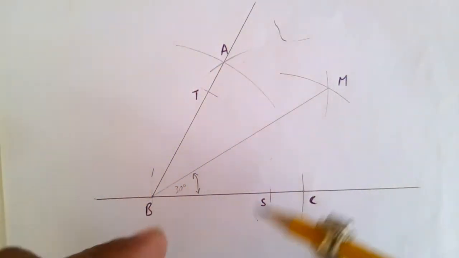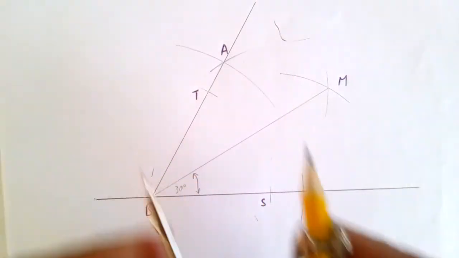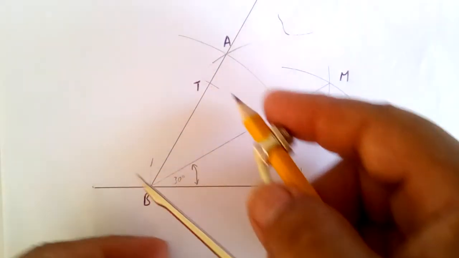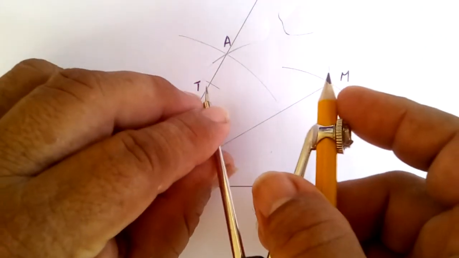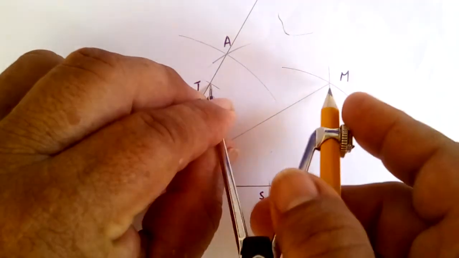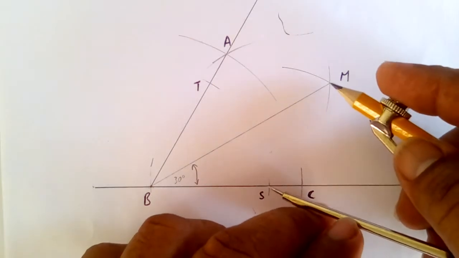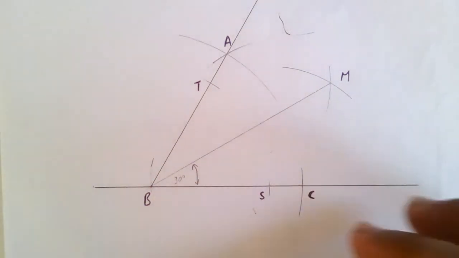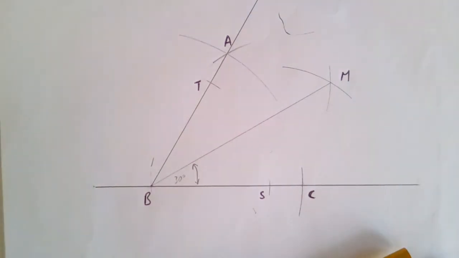So we got 60 degrees. Then we close the compass a little bit, and we make the intersections S and T. And so what we did, we joined from T or from S, make an arc, and then join 2 points, and that gave us that 30 degrees. So that is how you construct a 30 degrees angle by bisecting a 60 degrees angle.